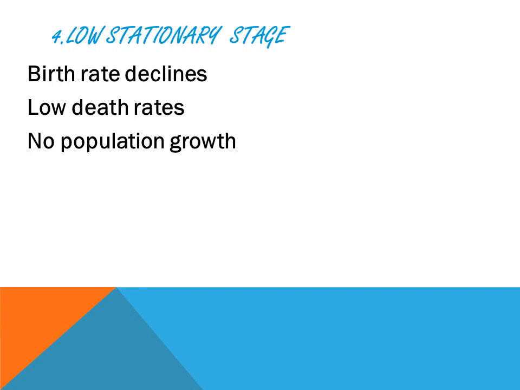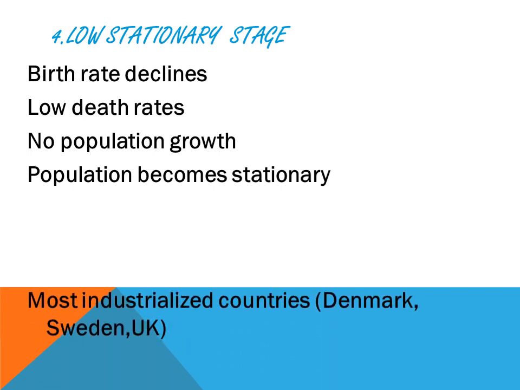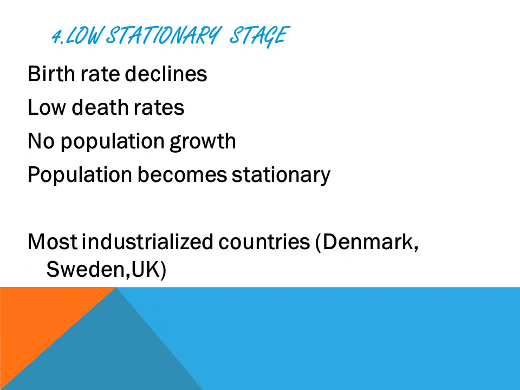But here, this stationary phase has been achieved because now birth rates and death rates have declined. That's why we have achieved a stable population now. And in this phase we can see that many industrialized countries are in this stage, especially Denmark, Sweden, Belgium. Either they have very low growth rate of their population or not at all.